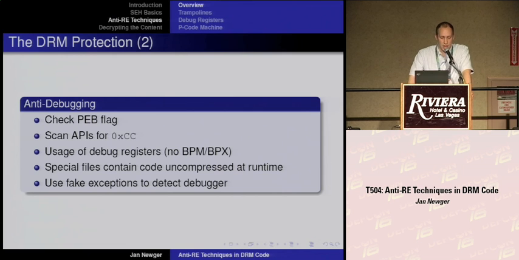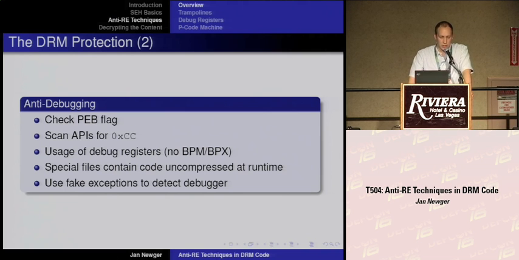And in addition, you have special files containing code which is uncompressed at runtime, and this again is nothing very fancy because this has been around for some years. But on the other hand, the usage of debug registers actually is a little bit harder to overcome, which we will see in a few seconds.